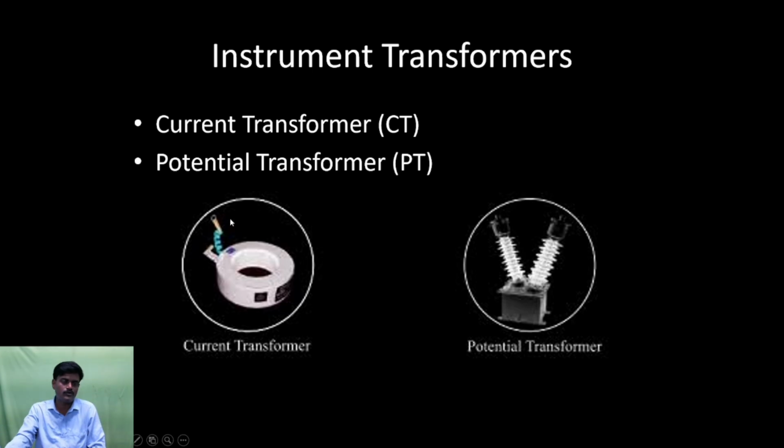Based on that value I can measure what amount of current is flowing through this conductor. And for the potential transformer, like that, if the primary winding has some value, correspondingly the secondary winding has the proportionate value. Like that, the instrument transformers work in the power system for measuring the voltage levels, current levels and power levels.